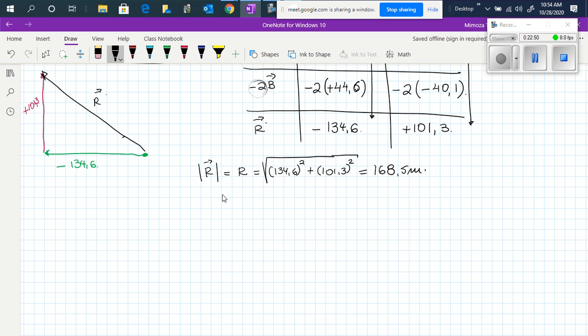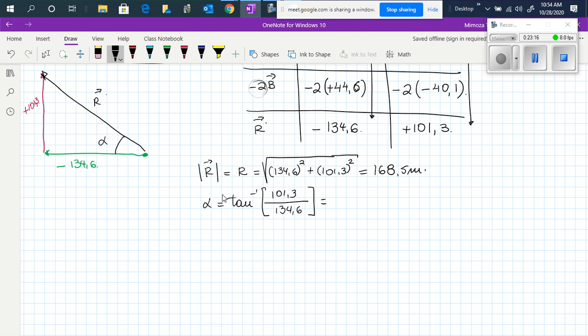And now we can identify the angle alpha as the inverse tangent of 101.3 over 134.6. Notice here that I ignore the sign because I know now where the vector is lying.